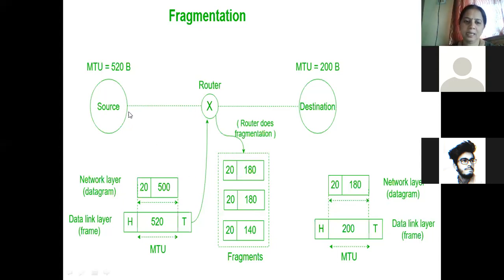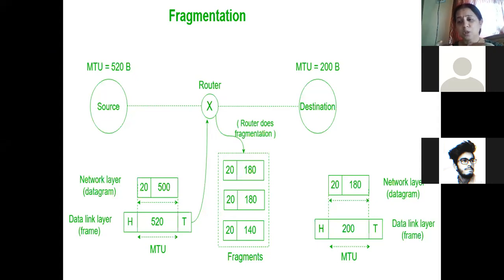For example, imagine we have a source machine. Via many transmission lines and routers, it gets connected to the destination machine. In the diagram, we have shown the source, we have shown the destination, and we have shown one router. So for the sake of simplicity, imagine we have one router which routes the data to the destination. Now, the source is generating the data which is of 500 bytes length.